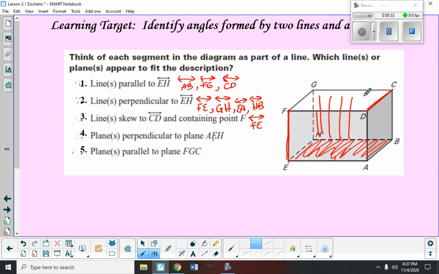All right, so if you picture a box, the bottom and one of the sides, those would meet at 90-degree angles. So we would say plane GCB, or you could say HGC, any 3 points on the back of the box, or the side of the box.